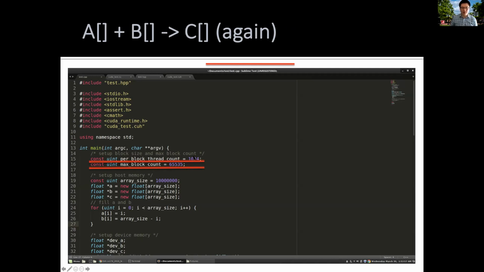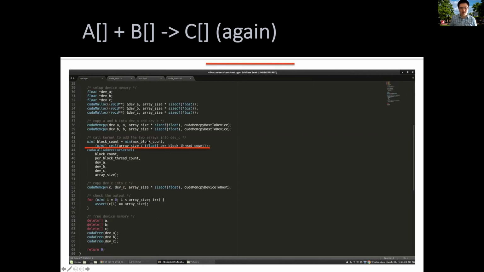We put those two numbers here to tolerate some extreme cases. For example, you calculate how many blocks per grid, and if this number is larger than the maximum block count, then you need to handle this case, right?